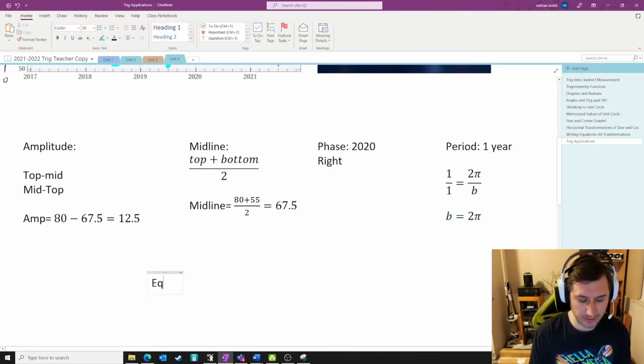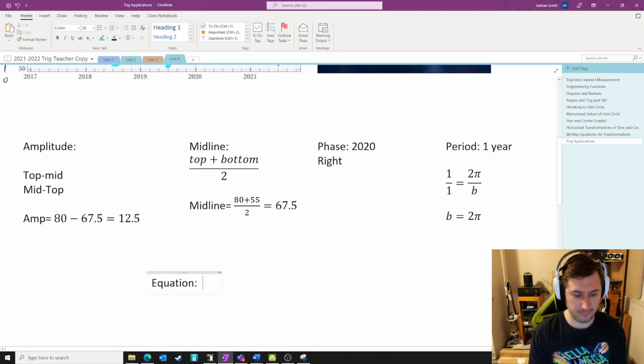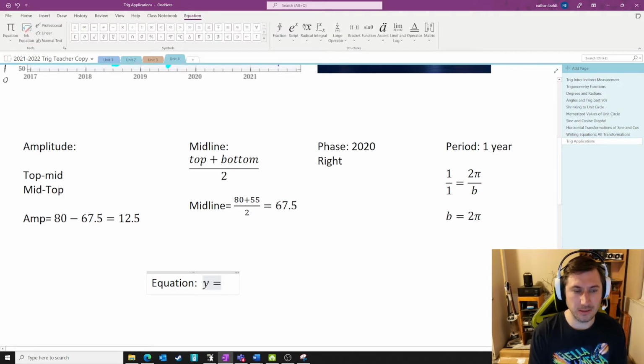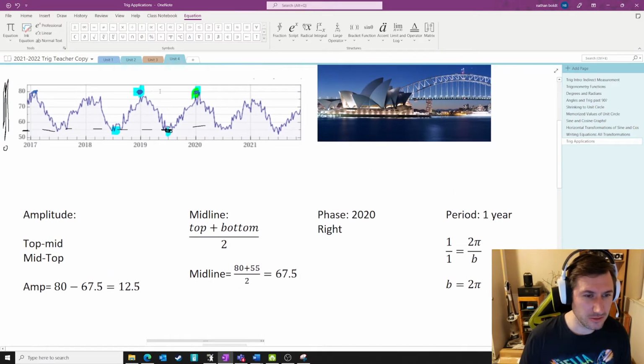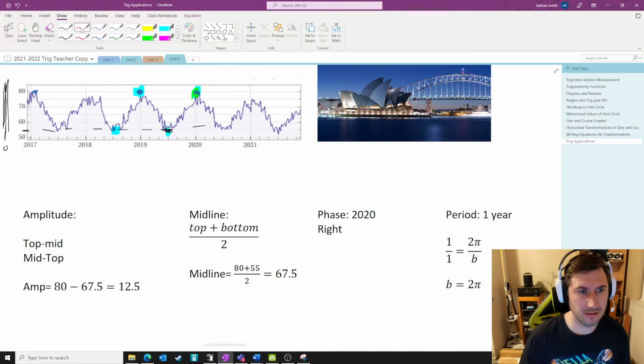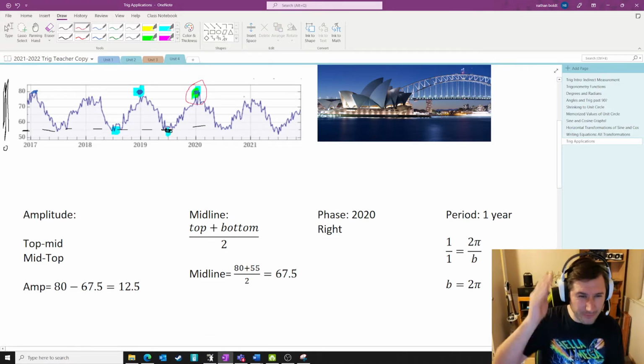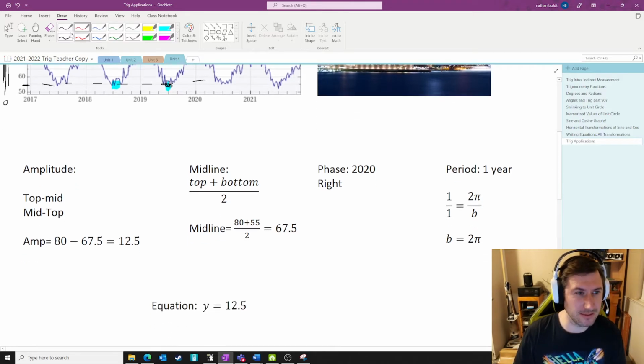All right, now we can write our equation. So it is y equals, my amplitude is 12.5. Cosine or sine? Negative sine, negative cosine. What am I looking at here? So my starting point is at the top of the wave. That's a positive cosine, so don't add a negative or anything.